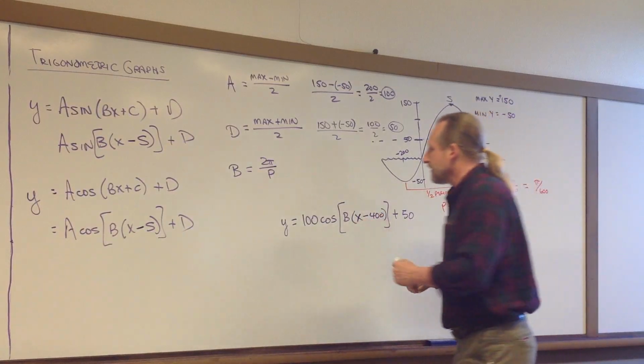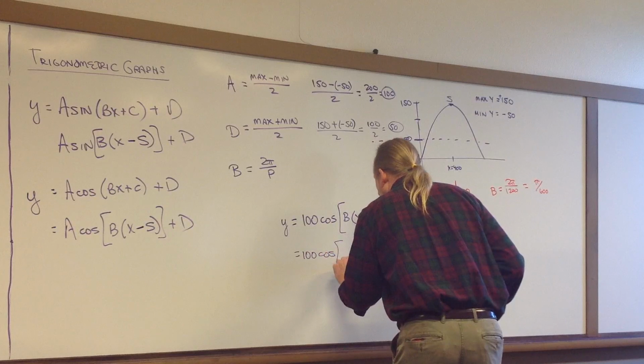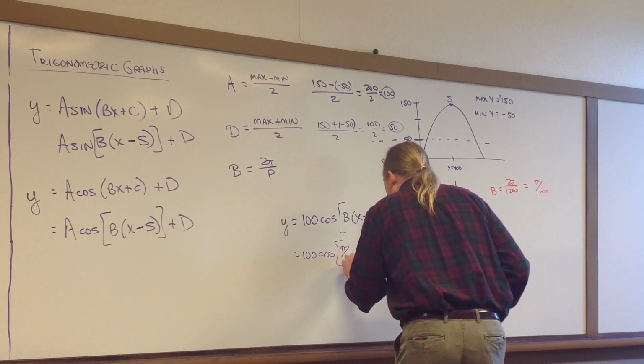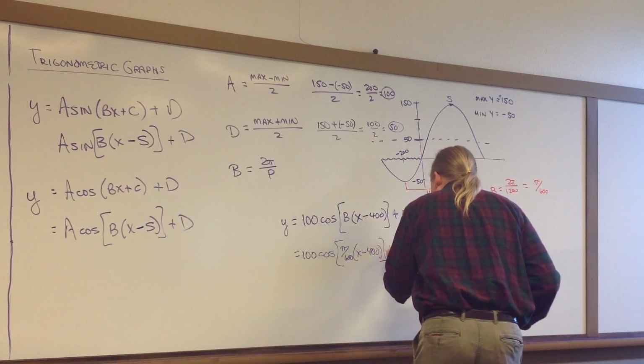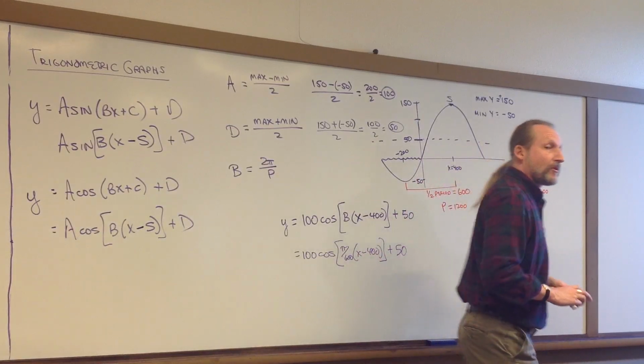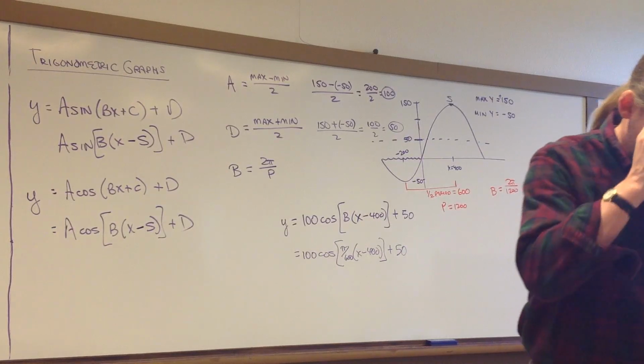So now we can fill this in. This is 100 cosine of pi over 600, and then x minus 400, and then plus 50. Okay, so that's the first part.